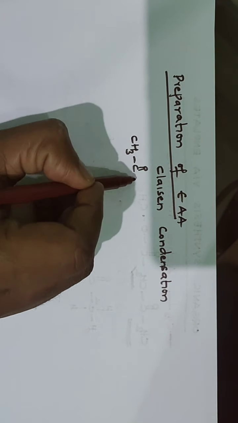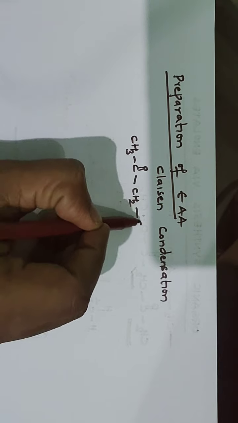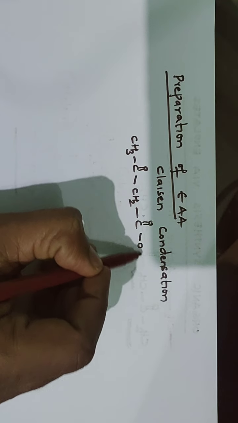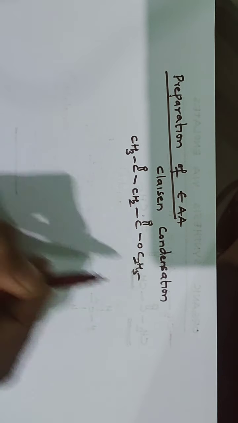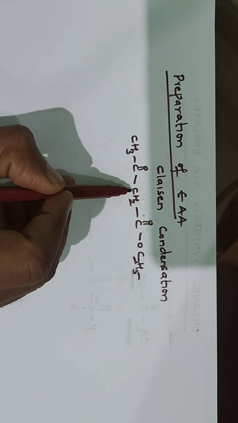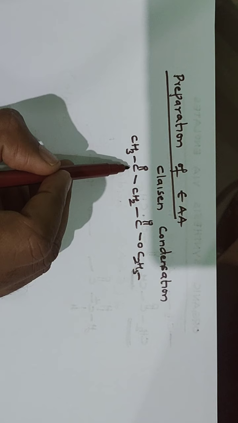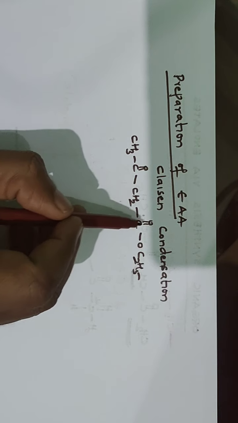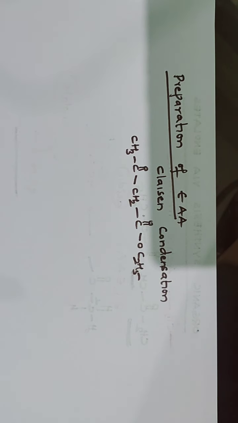CH3 C double bond O, CH2 C double bond O, OC2H5. Okay, so this is the alpha carbon. At the beta position there is a keto group, so it is a beta ketoester. This can be produced by condensation reactions.